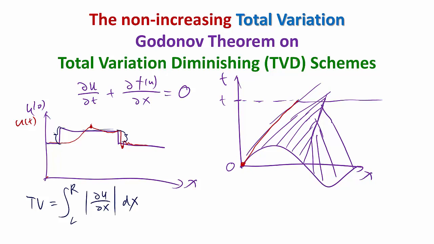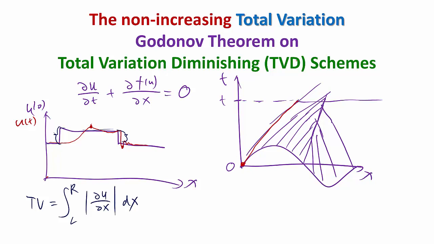But there is an important assumption in that theorem. The assumption is that the scheme you construct is a linear scheme for a linear differential equation. That totally makes sense, because if you are solving a linear partial differential equation, why would you discretize the partial differential equation into a nonlinear ordinary differential equation?